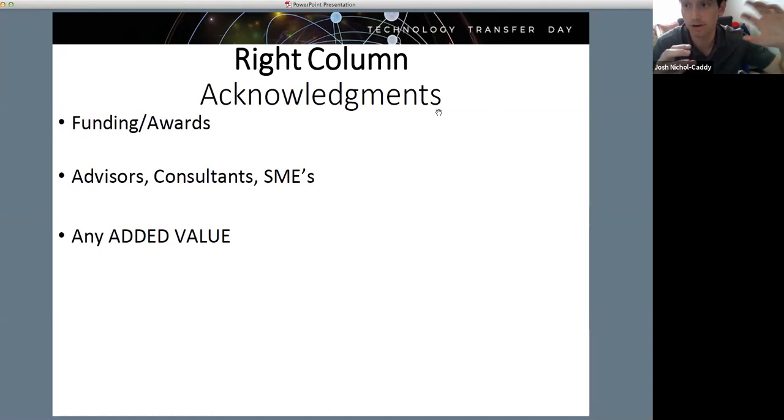So I started with the upper left, which is your BLUF. Why should I continue to read? And then your acknowledgements are making a smaller case, but adding a little bit of icing on the cake, saying this is a relationship that you would want to continue, and it supports the fact that you're a subject matter expert.